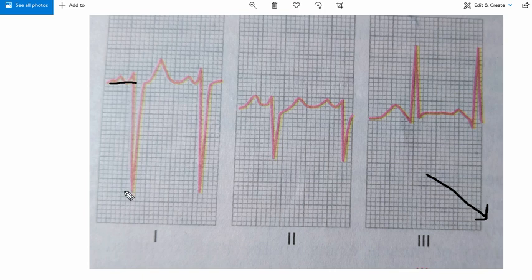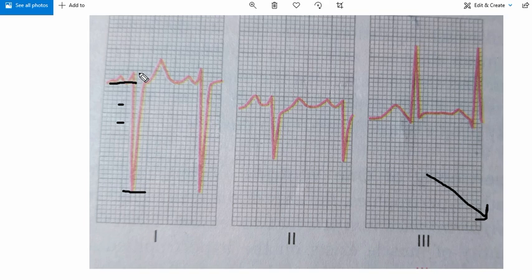It covers approximately 5 large boxes, because 3 small boxes here and 2 here. Total 5 large boxes have been covered by this lead 1, and only 2 small boxes have been covered in this direction.